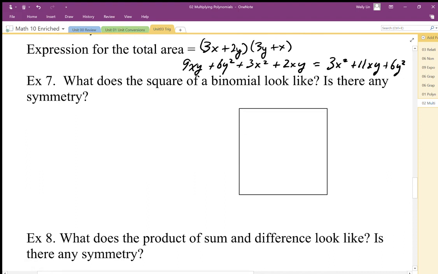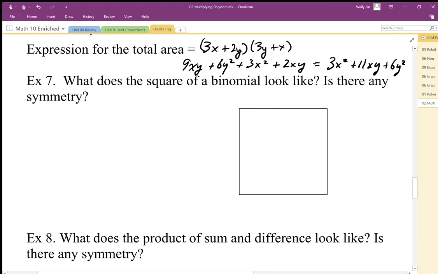What about squaring something? When I square a binomial, I get a square. So when we talk about perfect squares, we're talking about a square shape, and there is this square symmetry. Is there any symmetry? Yes, of course, there's square symmetry involved in here.